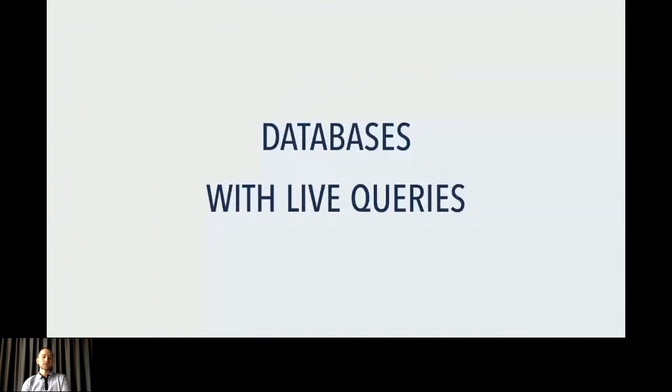This is not the typical approach, because live queries give us the opportunity to query for data one time, and then every time data changes in our database, it pushes updates back to the clients. With that approach, we can create fast real-time applications.